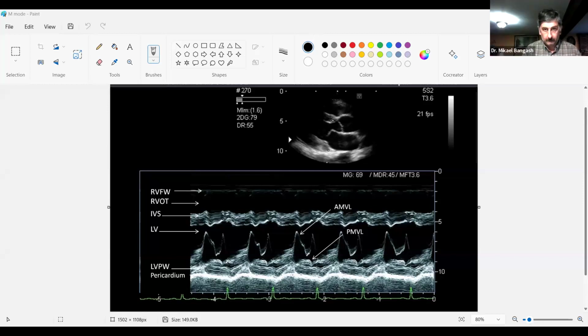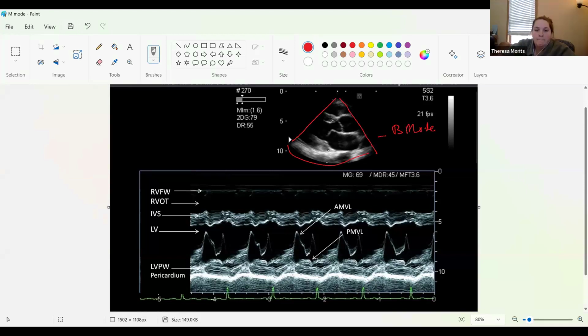So without much of a discussion, what is this? This is mainly your regular B mode image. Is that clear? Yeah. Good.